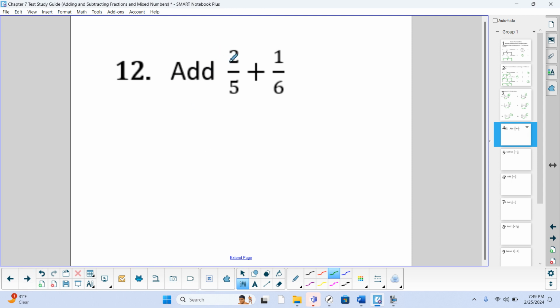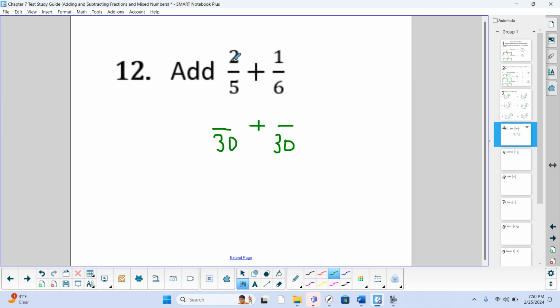Add 2/5 plus 1/6. Well, a good common denominator to write for both of these would be 30. So this would be something over 30 plus something else over 30. What do I multiply the denominator by to get to 30? Here, 5 times 6 gives me 30.